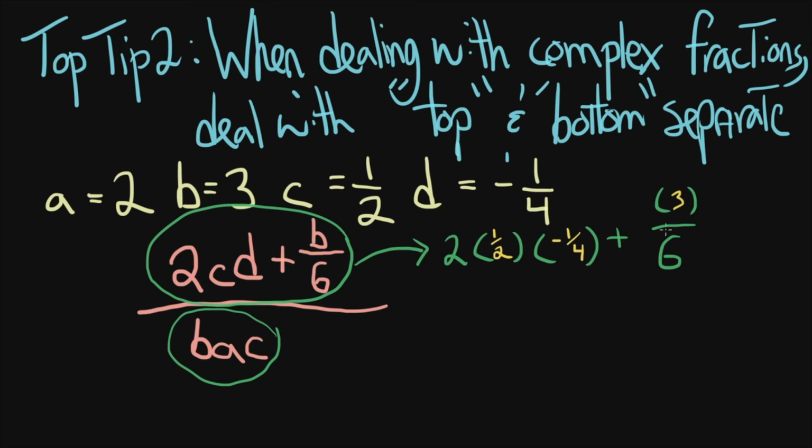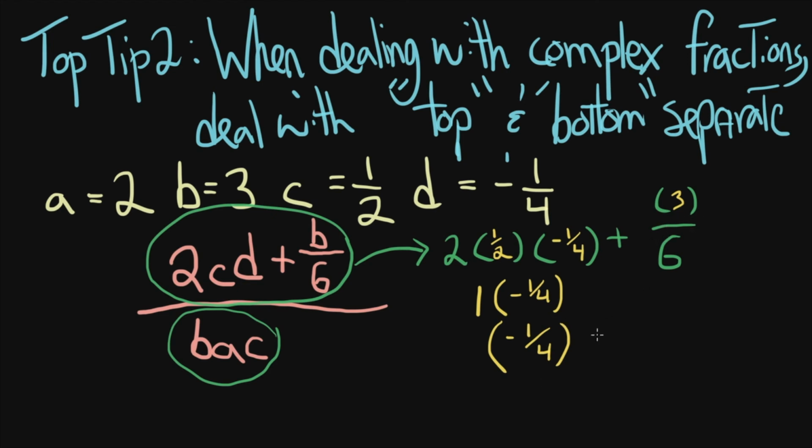So some little ugly things going on here, but that's okay. We got some multiplying and some dividing going on. I'm going to do my multiplying over here first. 2 times a half is going to give you 1. 1 times a negative quarter would just be a negative quarter. I'm going to leave it in brackets for right now.